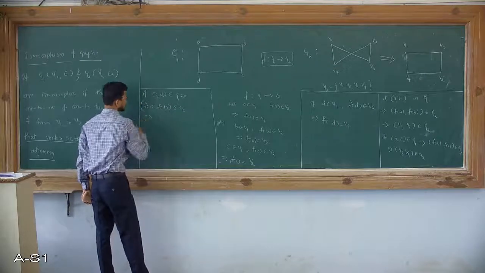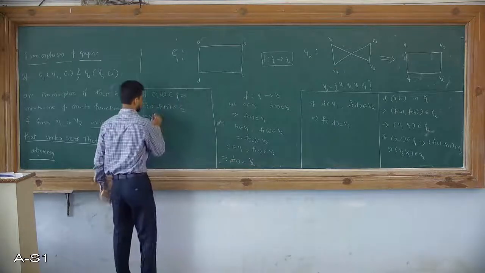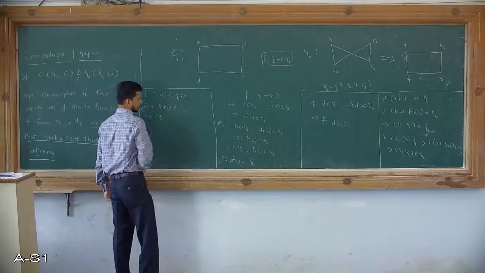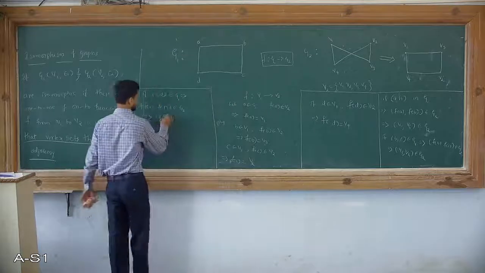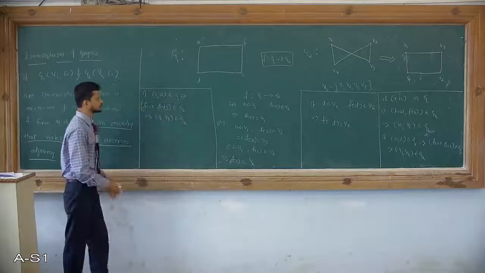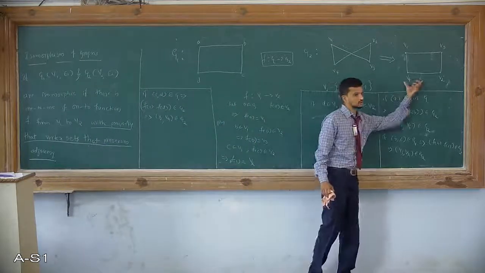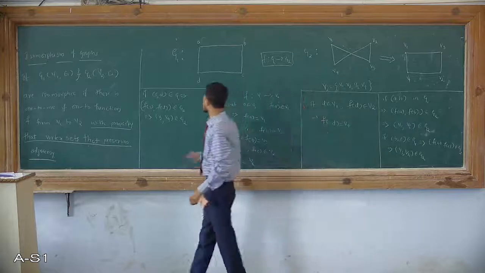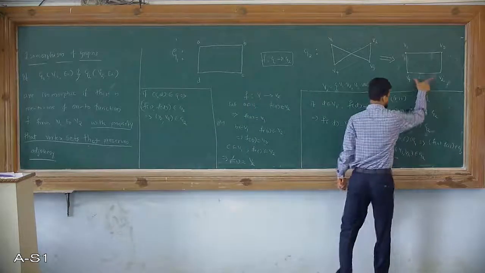According to the definition, f of C stands for V2, and f of D is V4. So V2, V4 are adjacent in G2. Therefore, if C comma D is adjacent in graph G1, V2, V4 is also adjacent in G2.